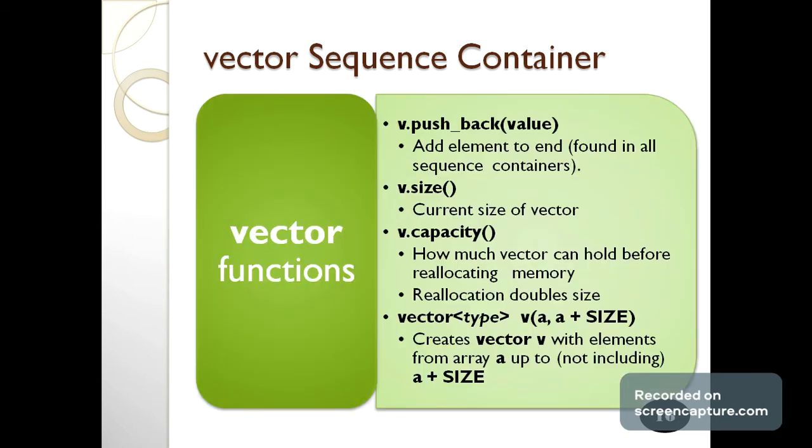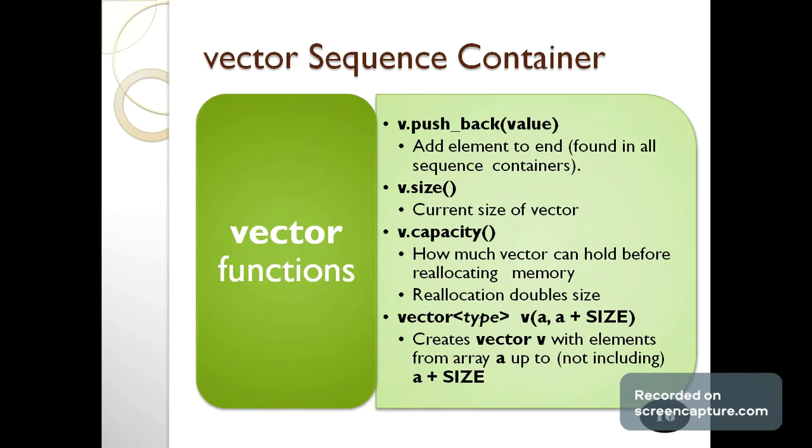Once a vector variable is constructed, I can use the functions inside the vector. There are different functions like push_back, size, capacity. When you want to create a vector which stores array elements, you have vector type v(a, a plus size), which creates a vector with elements from array a up to a plus size.